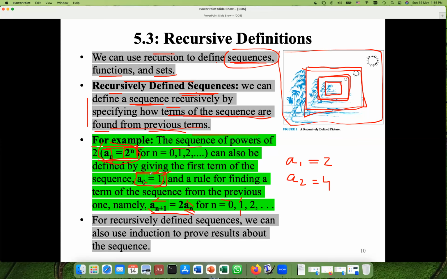So what is needed if you want to recursively define some sequence? The first starting value of that sequence and the recursive formula. But in the questions, the first starting value may be given to you, but you have to design that recursive formula by yourself.